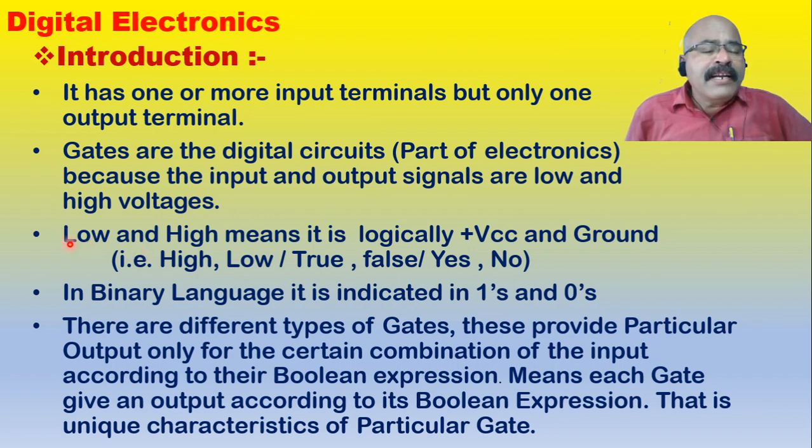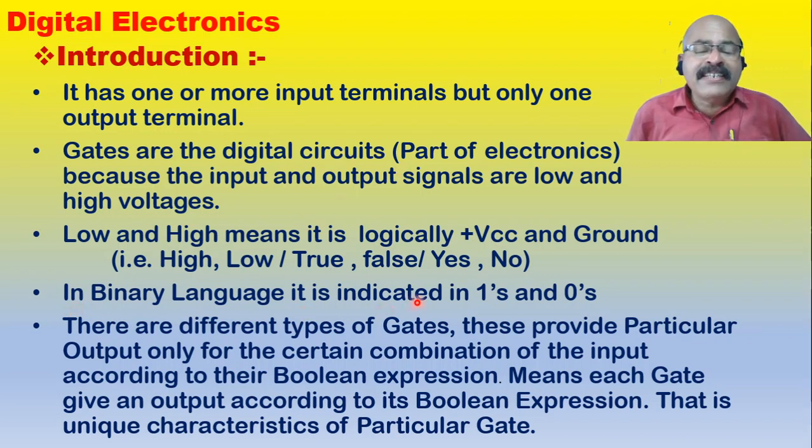Logically, high means VCC and low means ground. High means 1, low means 0. True means 1 and false means 0. Yes means the signal is present, no means the signal is absent. These are the logical terms used to explain digital electronics or digital circuits.